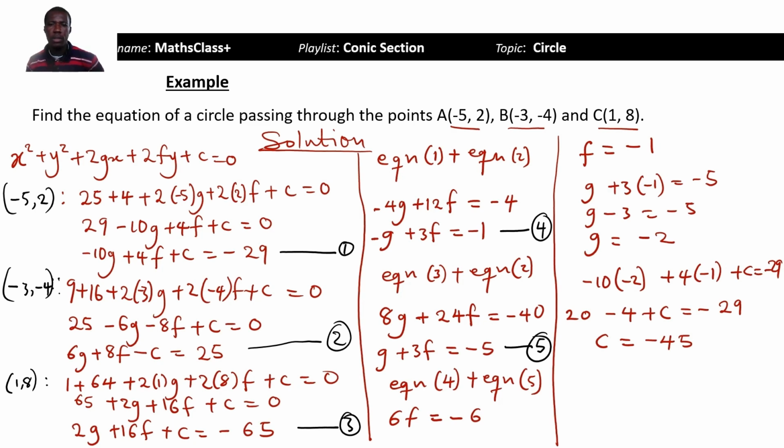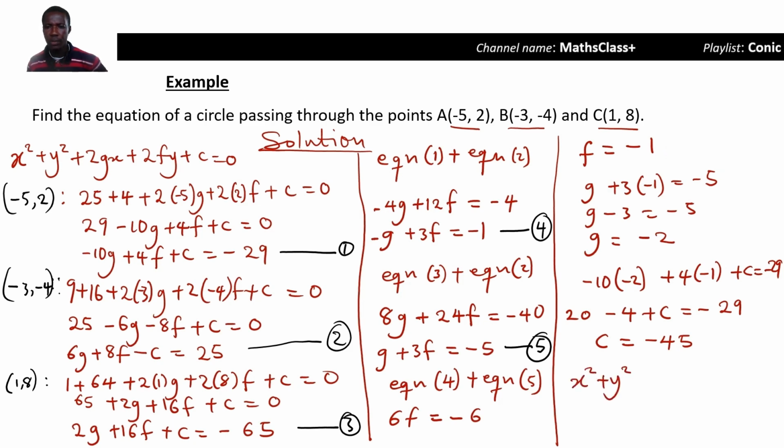Now if I substitute the three values into the general equation, the equation of the given circle will be x squared plus y squared plus 2 times negative 2x plus 2 times negative 1y minus 45 is equal to 0.